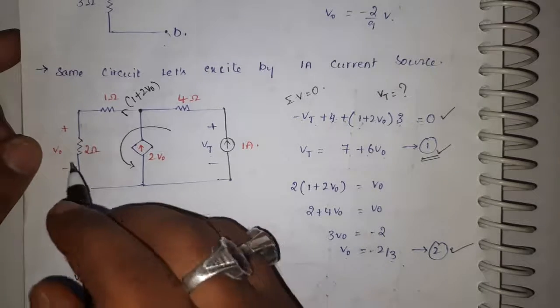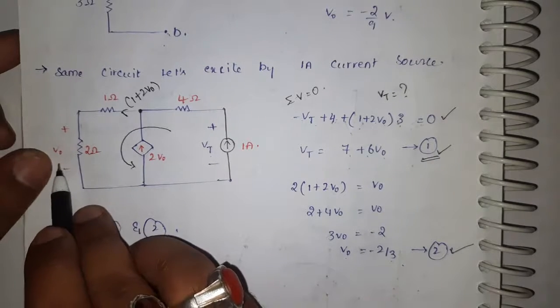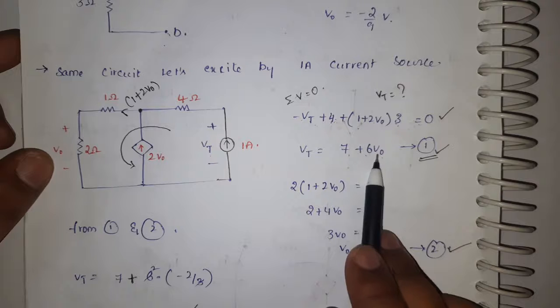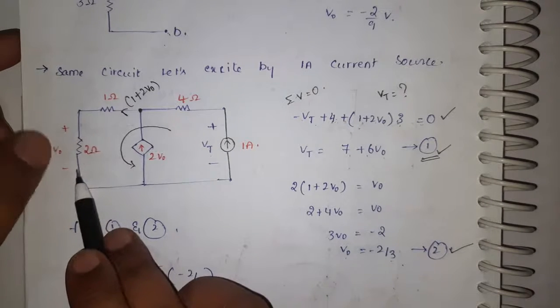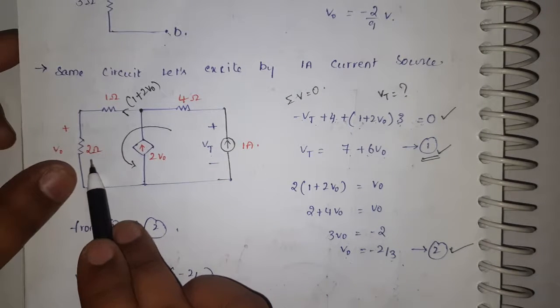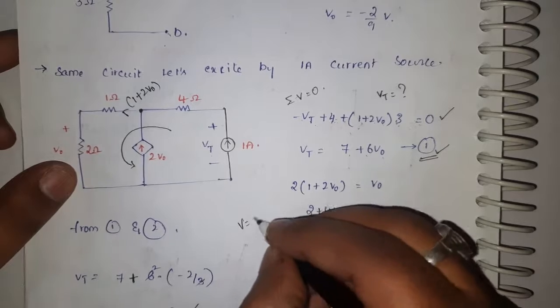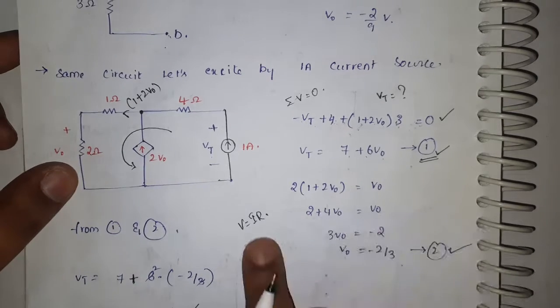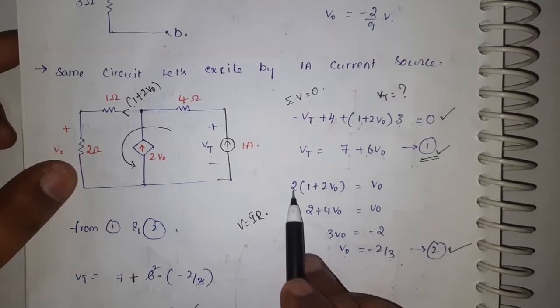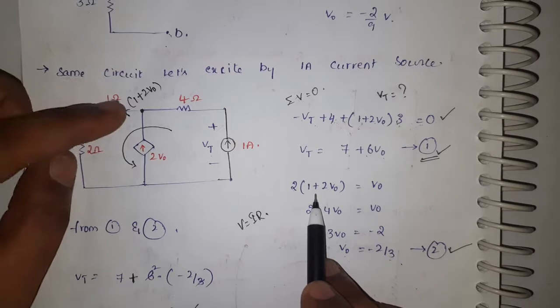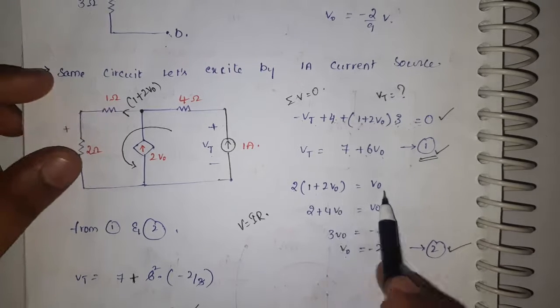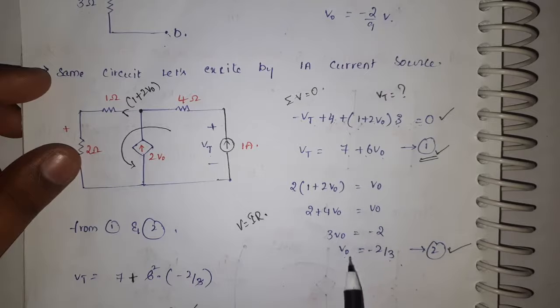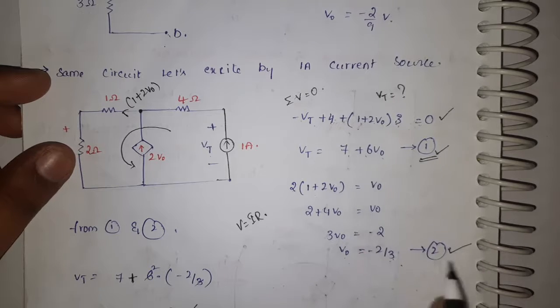Same procedure, we are going to find V naught to replace here. What is V naught? V naught is the voltage drop across the 2 ohm resistor. So V equal to IR: branch current into resistance, and the resistance is 2 ohm. What is the branch current? 1 plus 2 V naught, and that gives V naught. When we solve that, V naught will be minus 2 by 3.